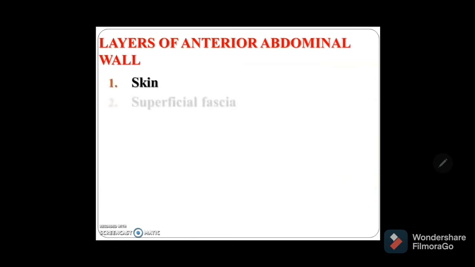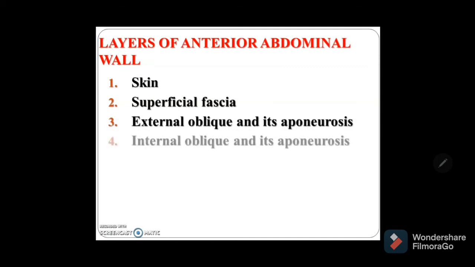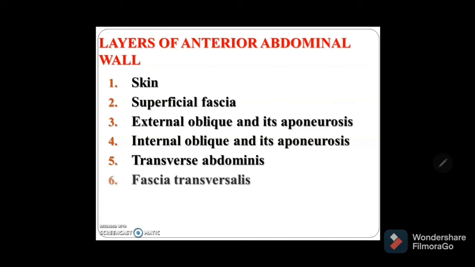And coming to the different layers of the anterior abdominal wall, it has skin, superficial fascia, external oblique muscle and its aponeurosis, internal oblique and its aponeurosis, transverse abdominis muscle, fascia transversalis or transversalis fascia as we say, extraperitoneal tissue, and lastly the parietal peritoneum.